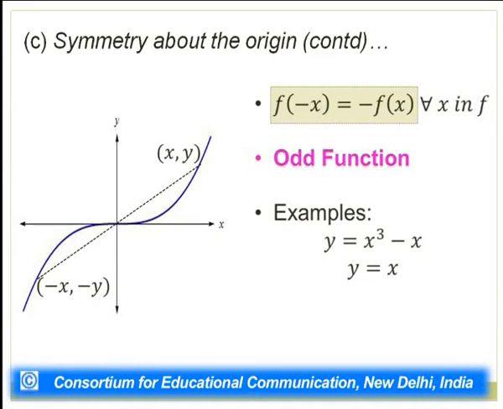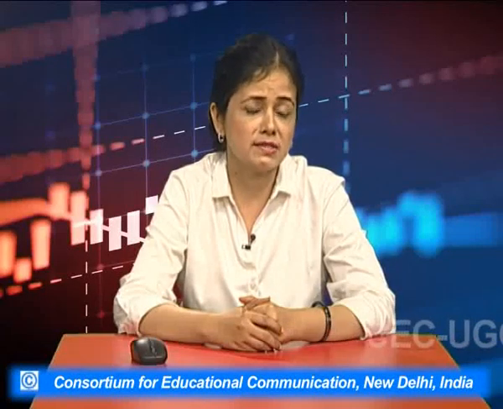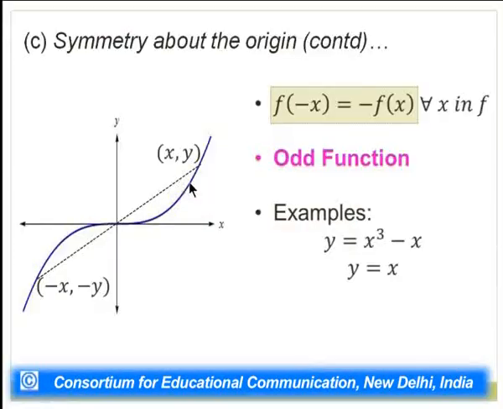Okay, so let's now focus our discussion on functions in particular. Let us ask ourselves, if we have a function which is symmetric about the origin, then what would be the mathematical criterion that we can develop for defining such a function? Now, as I mentioned before, when we talk of symmetry about the origin, it means that both the points (x, y) and (-x, -y) will lie on the curve, which is to say that if I were to replace x by minus x, I would also have to replace y by minus y, and for a function minus y would be nothing but minus f of x.